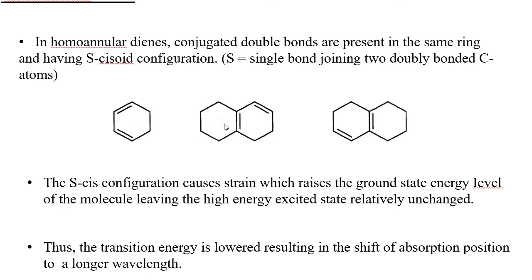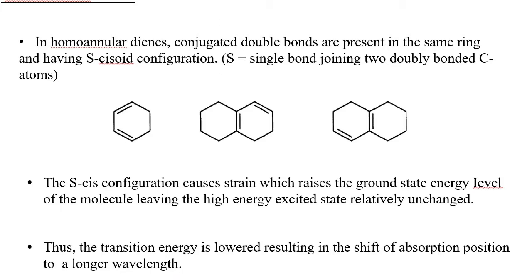The S-cis configuration causes strain, which raises the ground state energy level of the molecule, leaving the high energy excited state relatively unchanged, and hence the HOMO-LUMO gap decreases. Thus the transition energy is lowered, resulting in a shift of absorption position to a longer wavelength.